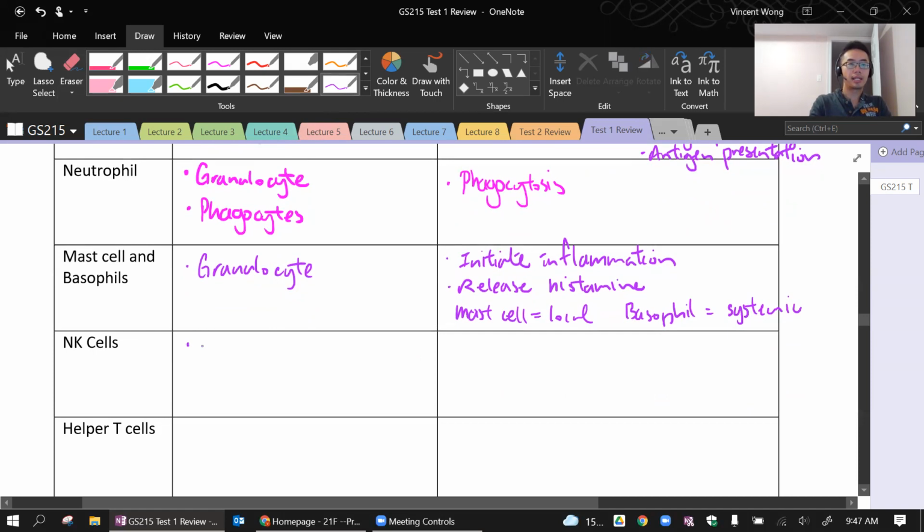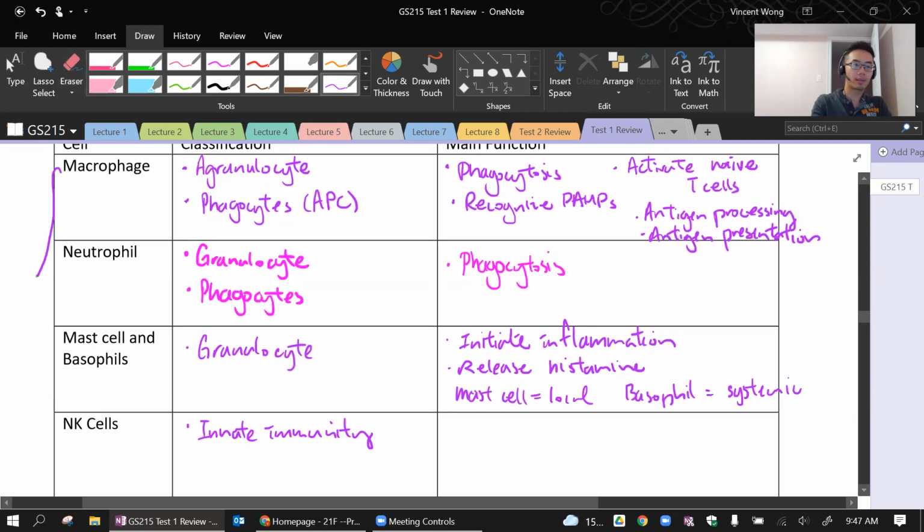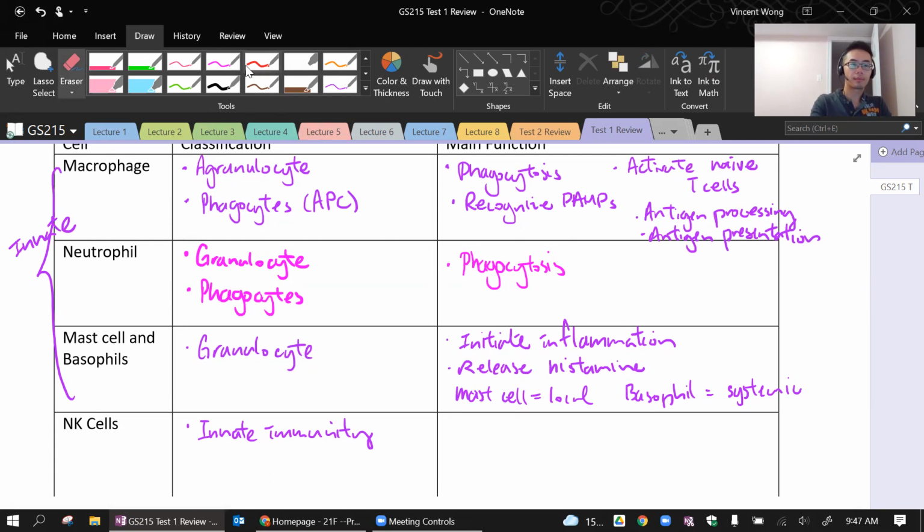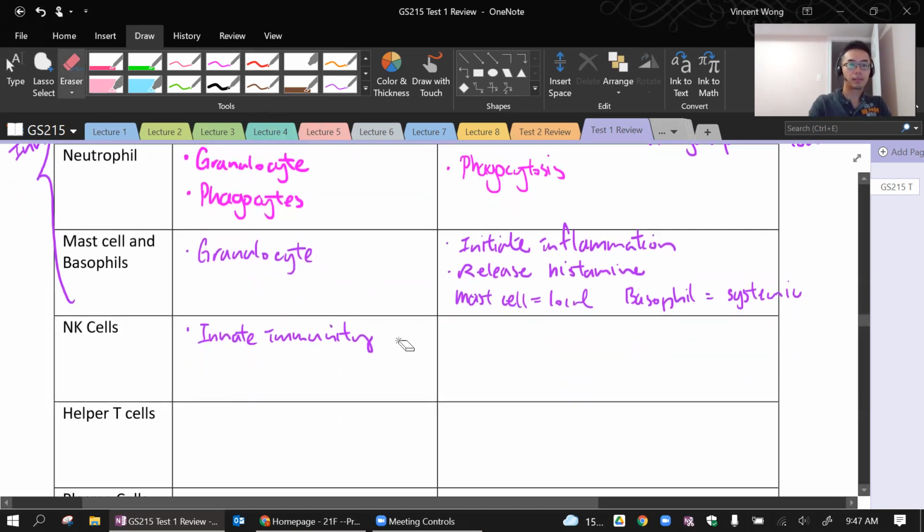NK cells, it is part of innate immunity. Okay, these are also all part of innate immunity.